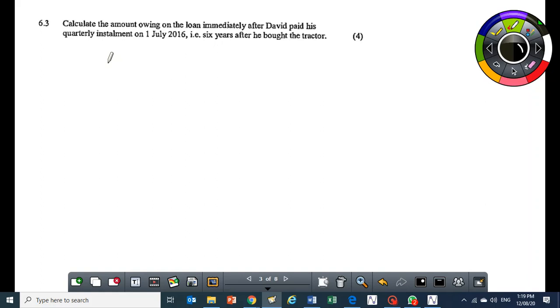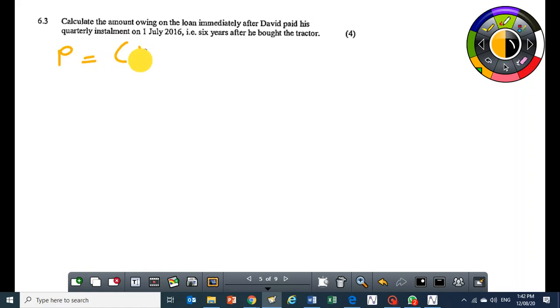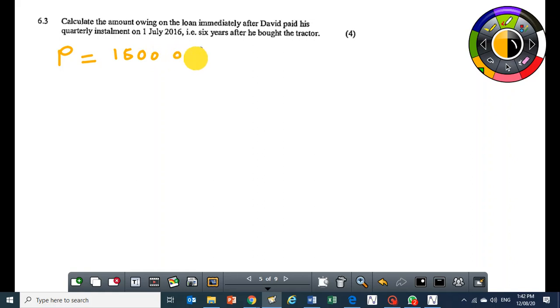So, how much money did he borrow? The amount that he borrowed is going to be P equal to 1,500,000 times 1 plus I, which is 0.095 over 4, all raised to the power of 1. What answer do you get?